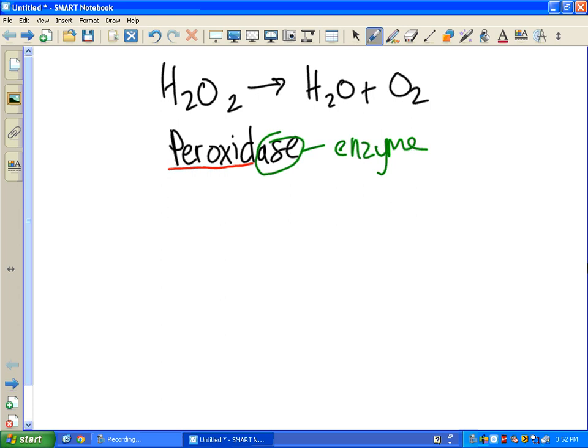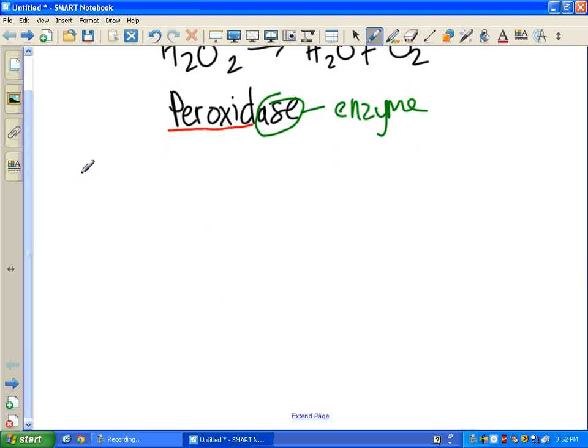So let's imagine that peroxide looks like this. Wait, sorry, not peroxide. This is peroxidase. This is the enzyme. The enzyme has a specific shape, and it's always going to match up with whatever it's going to act on.